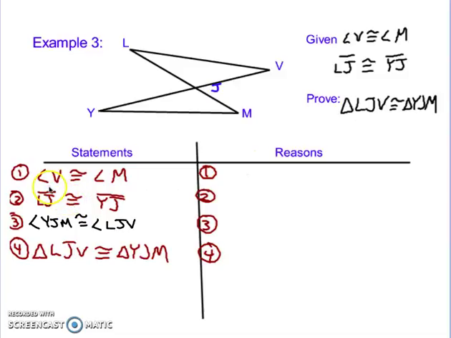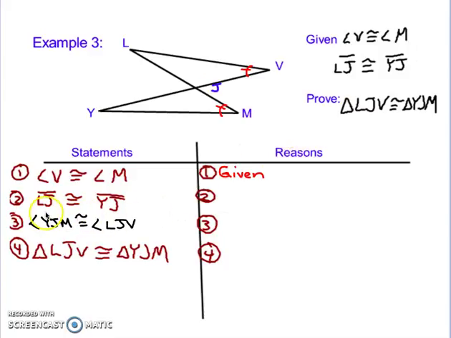In our statements here, our first statement is that angle V is congruent to angle M. So up here, we're just going to mark that. Angle V is congruent to angle M. And for our reasons for this one, we're just going to state that that was given, and it was given to us up here.